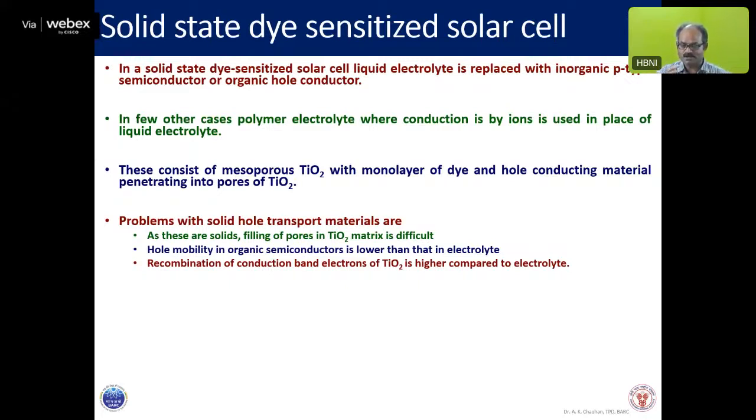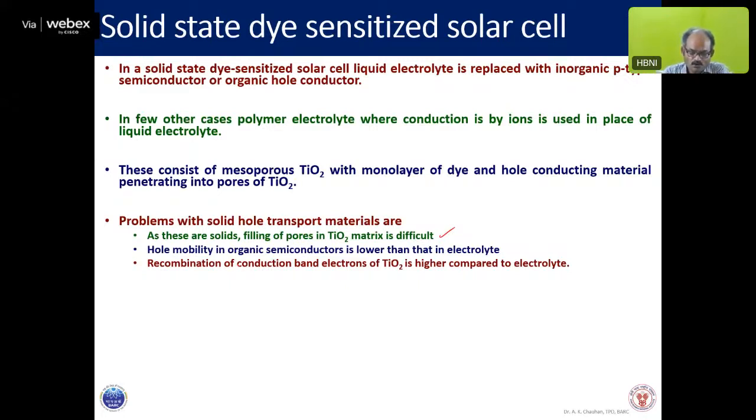We added them to increase the surface area. Because the electrolyte is a liquid, it can go inside, but a solid cannot go so easily. Then the contact between the dye and the electrolyte will be very small. So it is very difficult. Though we have solved one problem, we have added many more.